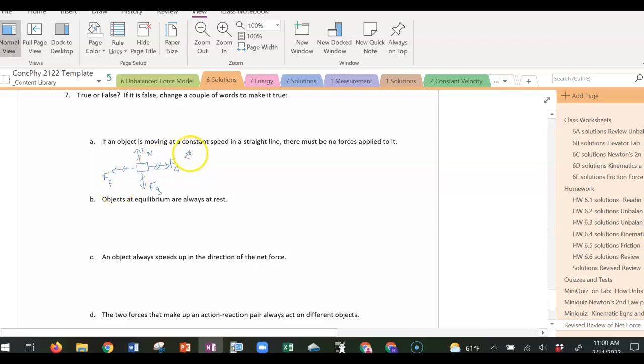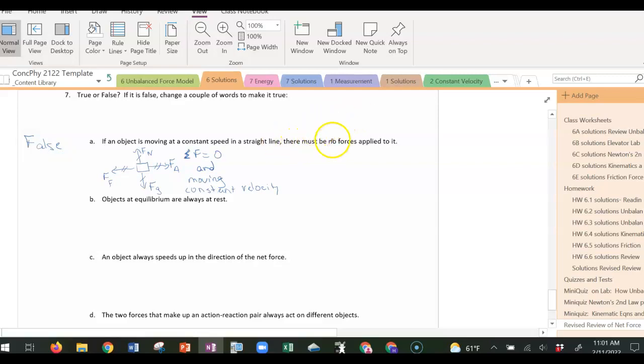Well, the net force is zero, and it's moving at constant velocity. But that is obviously a case where there are some forces applied, and yet it is moving at a constant speed in a straight line. So this is false.